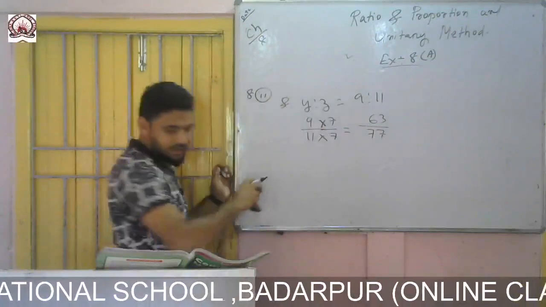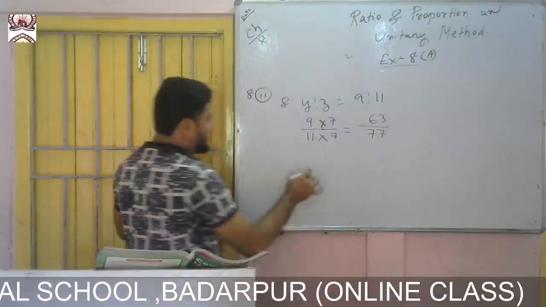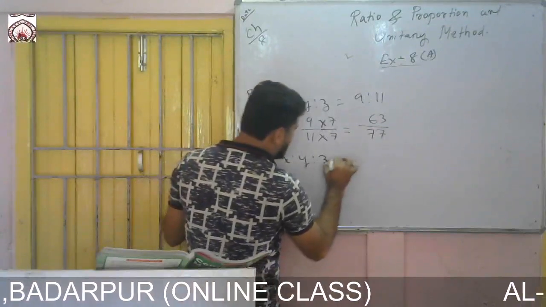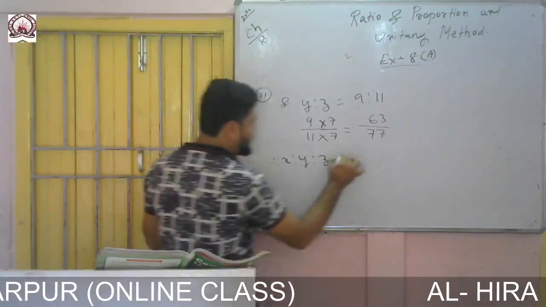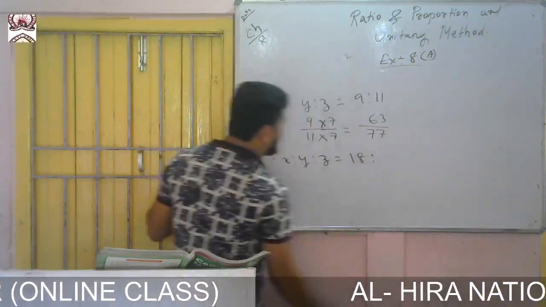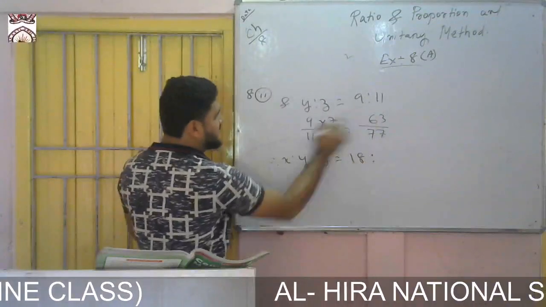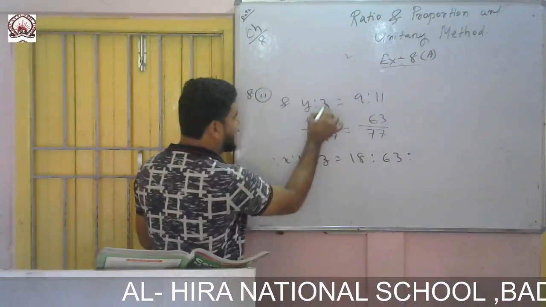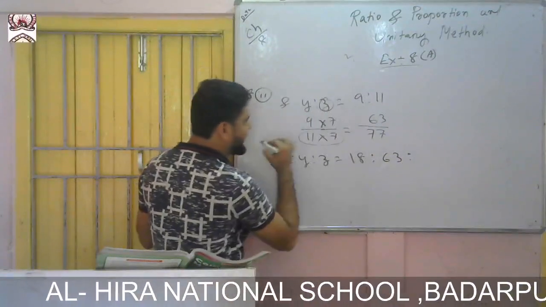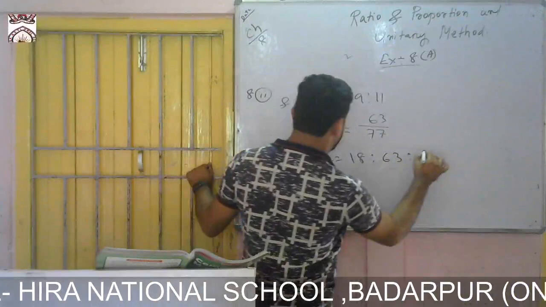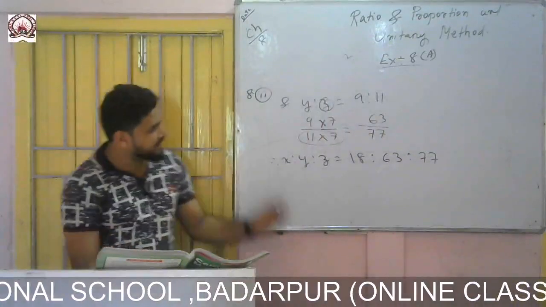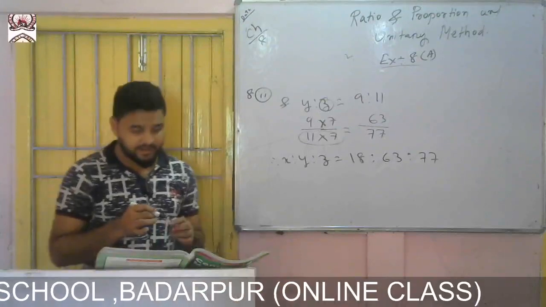Therefore, x is to y is to z equals 18 is to 63 is to 77. That is the required answer.